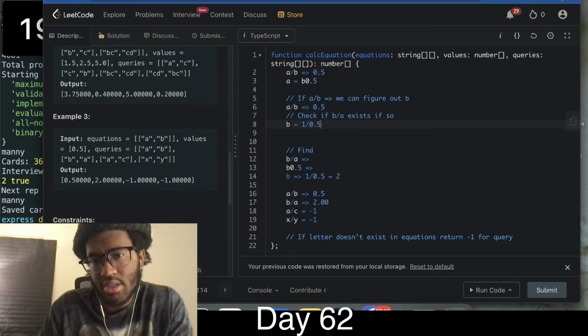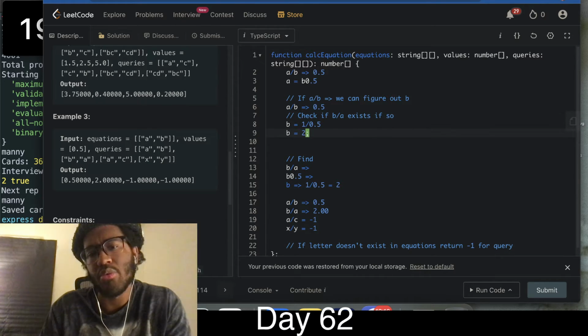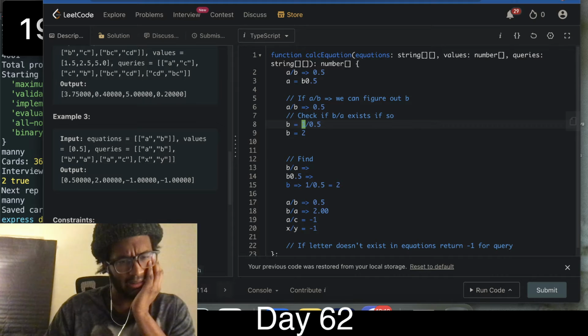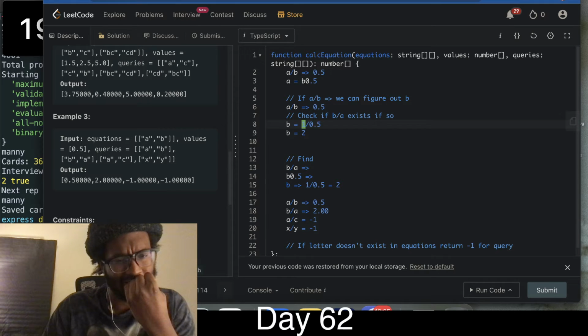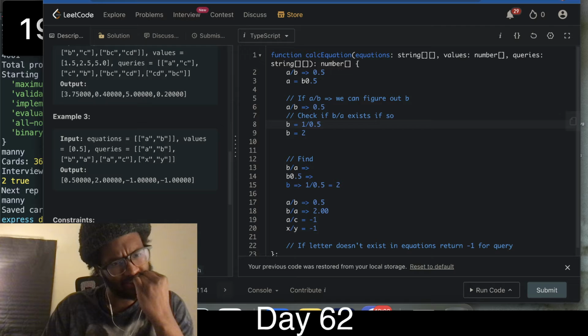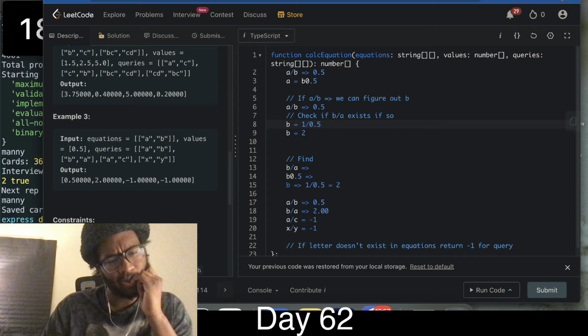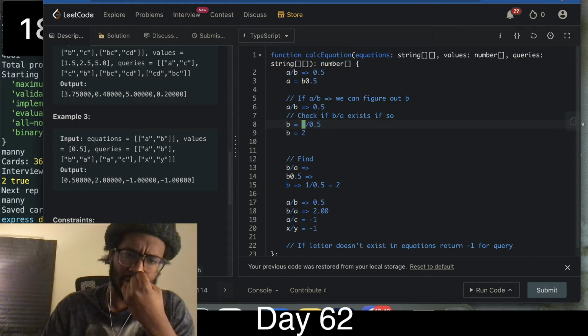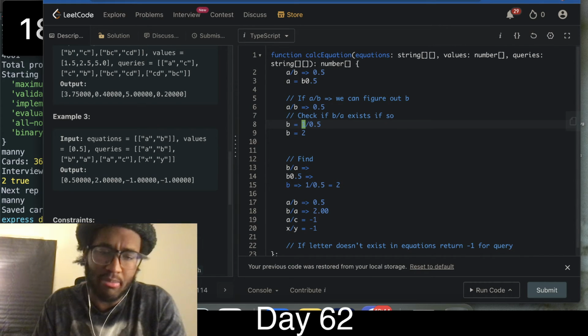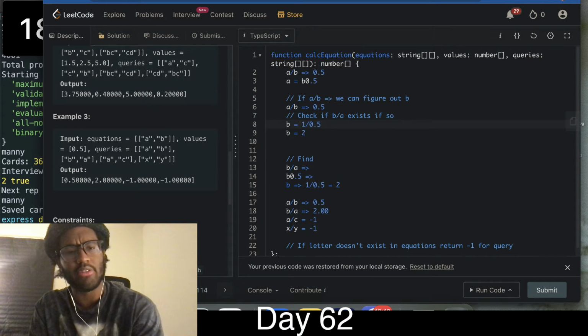Which means b is equal to 2. All right, now that we know that b is equal to 2, now we need to figure out what a is, right?